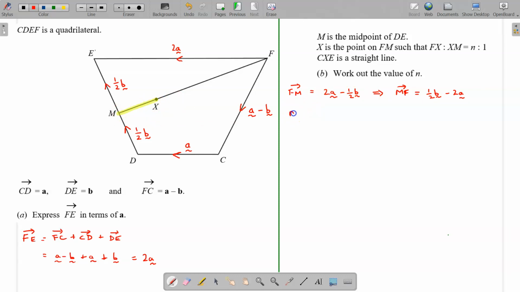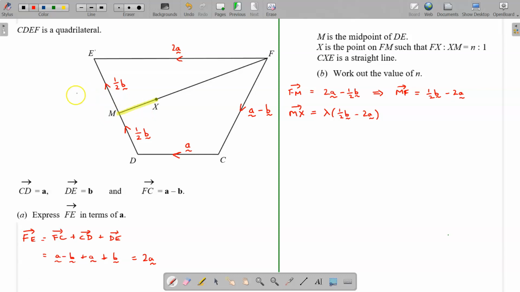So MX, which I've highlighted in yellow, is just going to be some multiple. I'm just going to call it lambda. We often use the Greek letters lambda and mu. So some multiple of this, so lambda times a half b minus 2a. So that's one expression for a journey from M to X going directly.